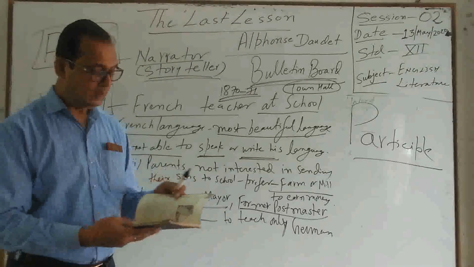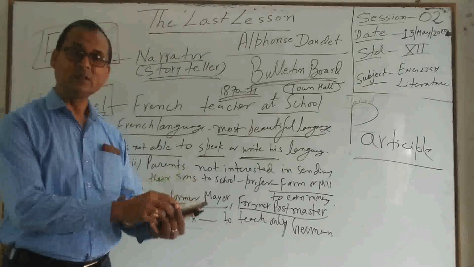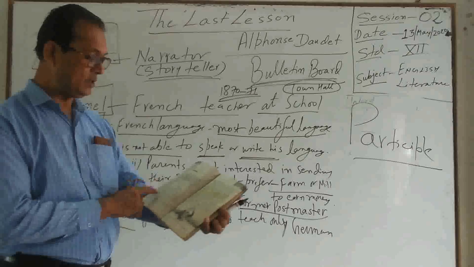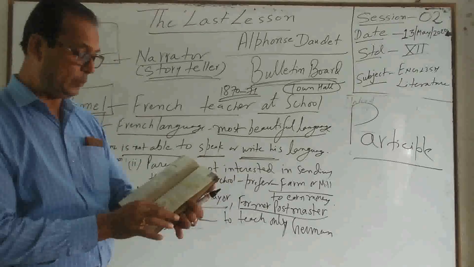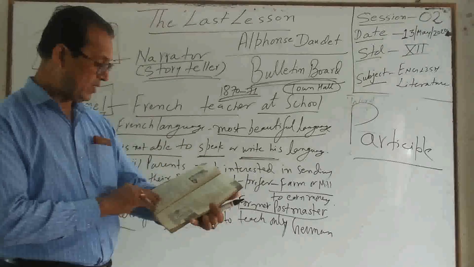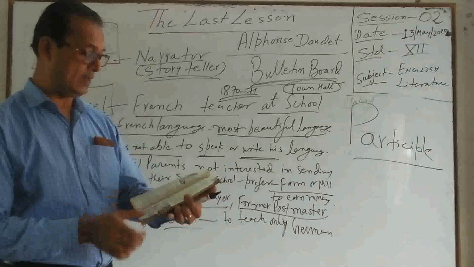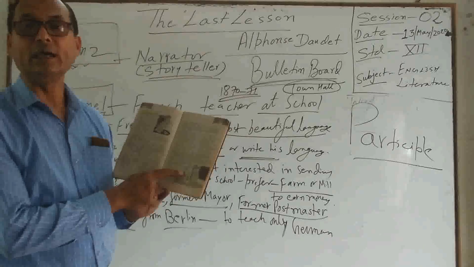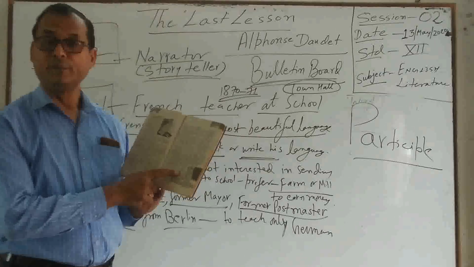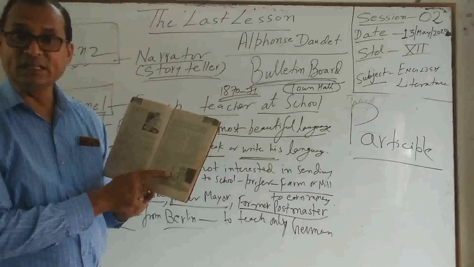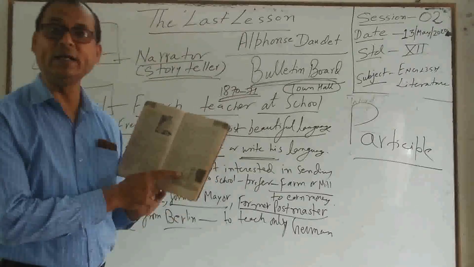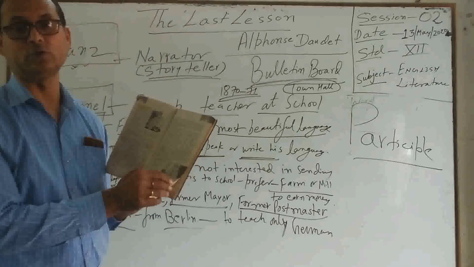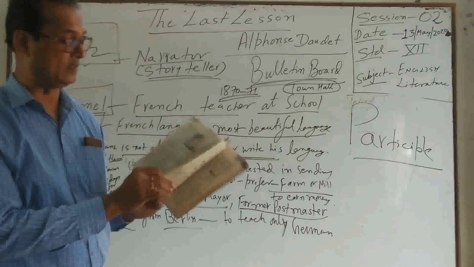So we have seen today, students, the very first page, the second page, the third one, and in the fourth one also we have seen how M. Hamel gives the responsibility of the poor position of the students not only to students but also to parents and himself.